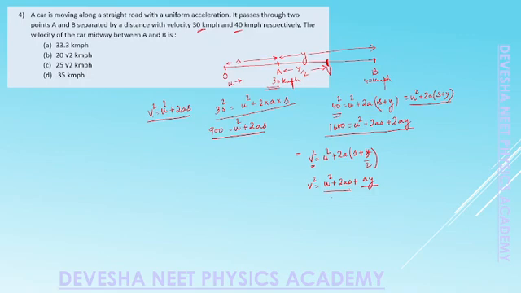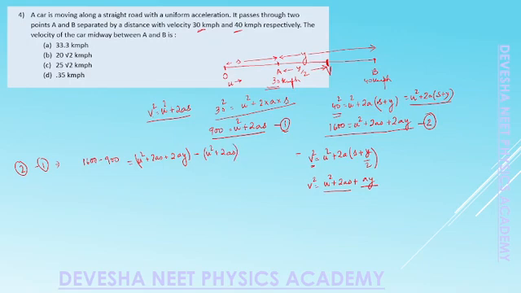Correct. Now one more thing. Having given these two equations, if you subtract the second equation minus the first equation, we get 1600 minus 900 is equal to (u square plus 2as plus 2ay) minus (u square plus 2as).